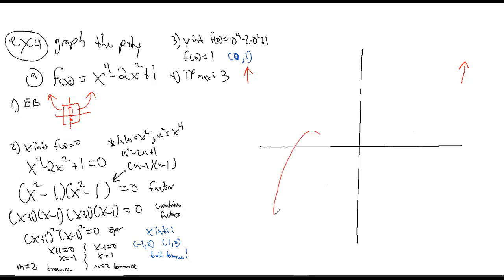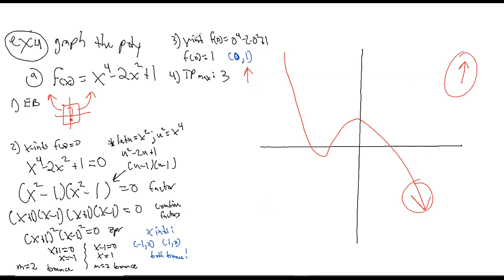If my graph looks like this, that's wrong, because on the left side, I'm going down, but it's supposed to go up. Or maybe I start from the top, so this is good, and I make some waves, and I end up looking like this. Well, I know this is wrong because my graph points down, but it's supposed to point up, so that does not agree.